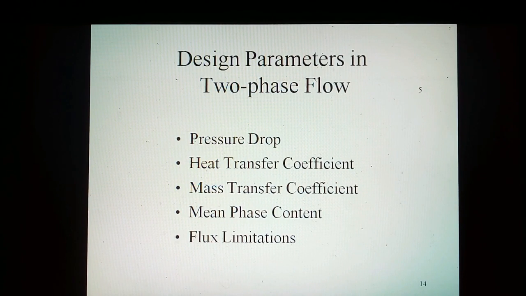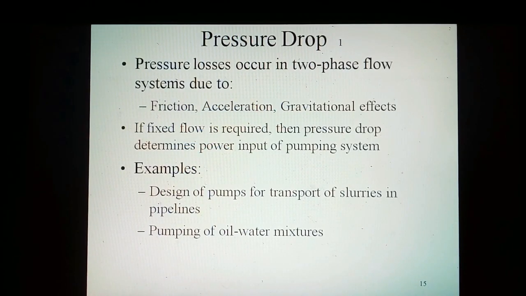Design parameters in two-phase flow. The more important design parameters for two-phase flow systems include the following: pressure drop, heat transfer coefficient, mass transfer coefficient, mean phase content, and flux limitation. Pressure drop. Pressure losses occur in two-phase flow systems due to friction, acceleration, and gravitational effects.